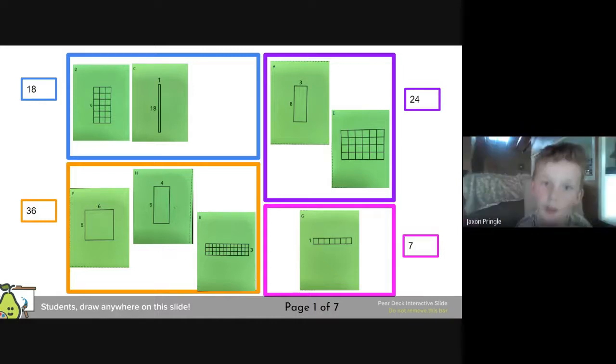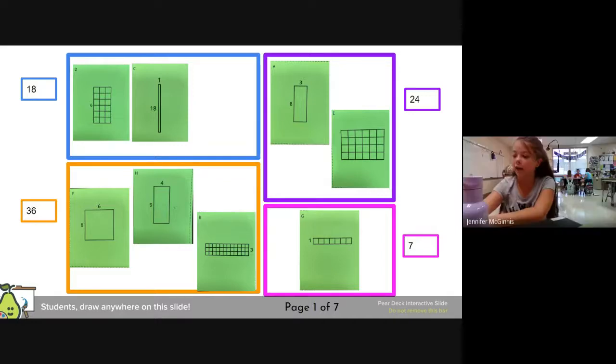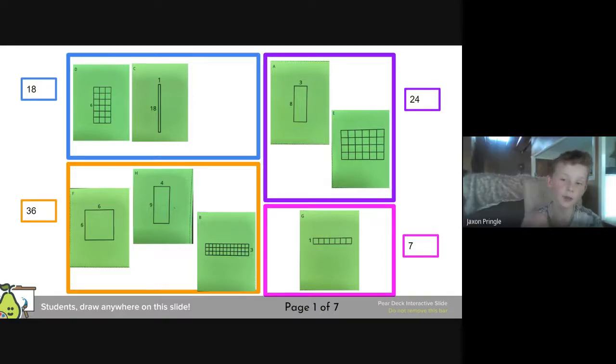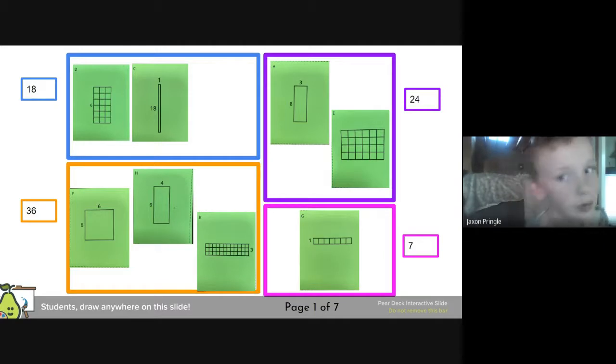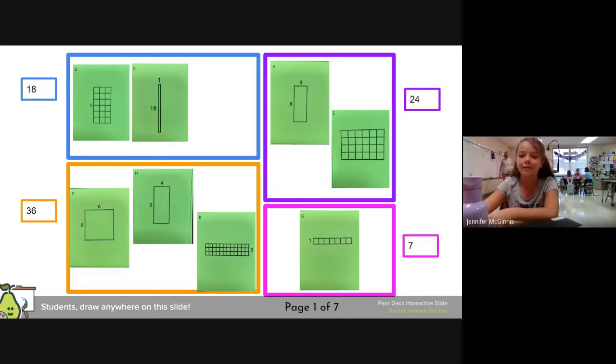So that wouldn't. Yeah, I think we could. Yeah, we could do that. And then for 7 would be 2. So what are we going to make it? Are we going to stick with 36 or are we going to go to 24? Let's go to 24, because that's a little bit easier.